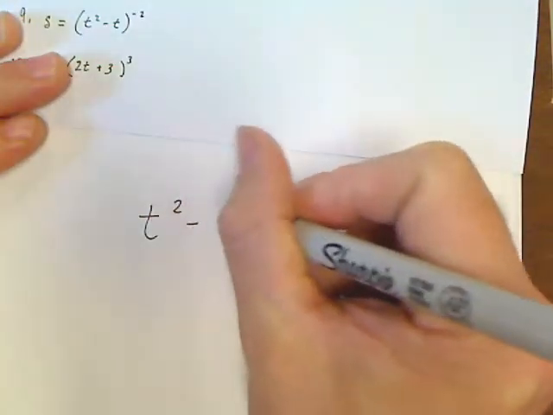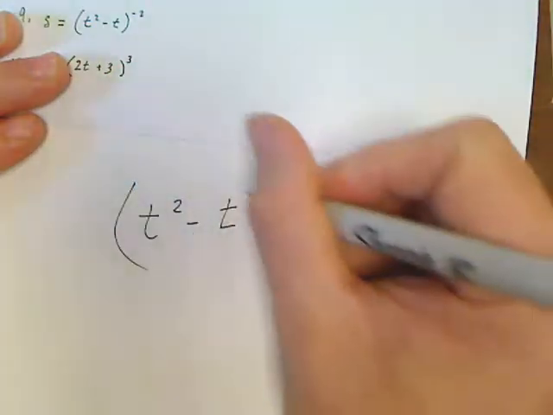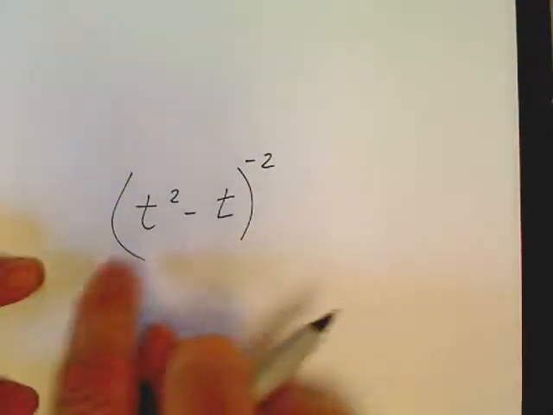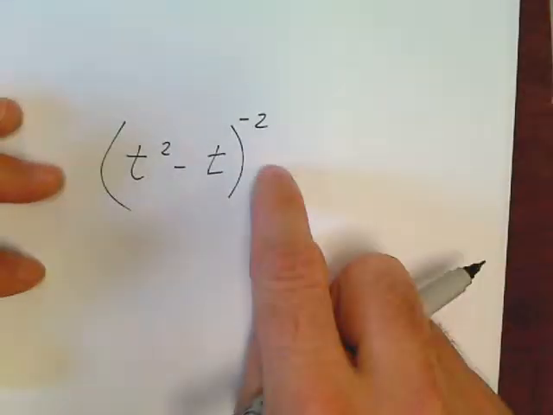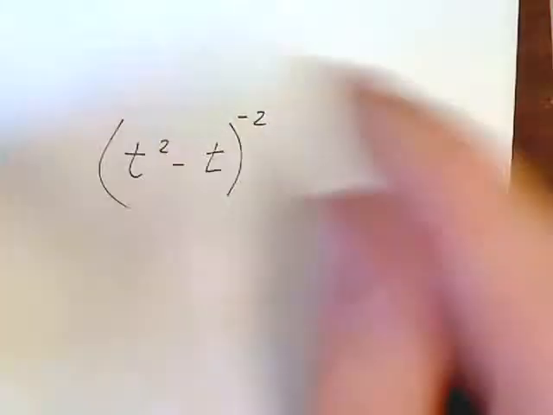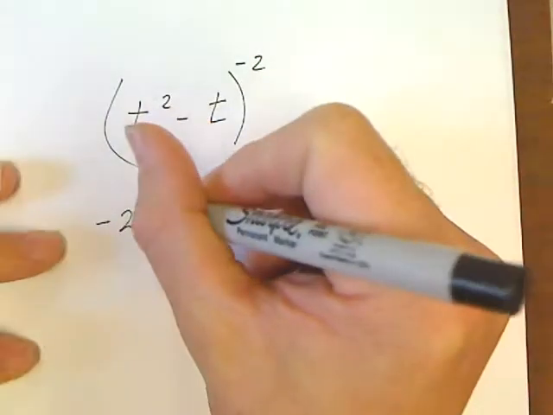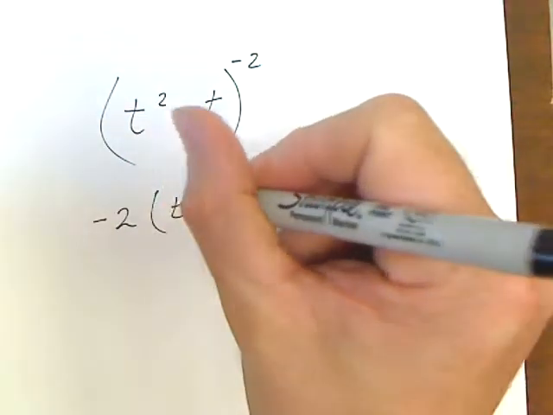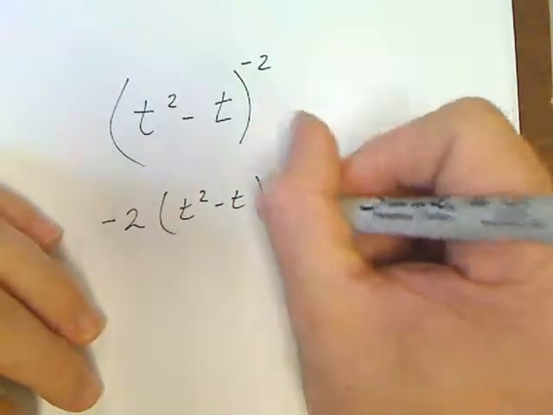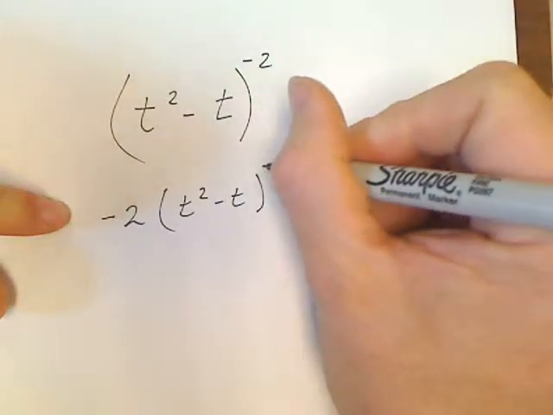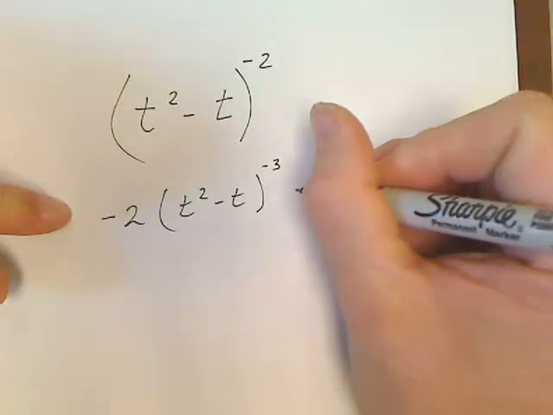T squared minus t to the negative 2 power. Well, take your derivative. Do the power rule. You've got this t squared minus t to the negative 2 power times by negative 2. Negative 2 times t squared minus t. Subtract 1 from negative 2, so that's negative 3.